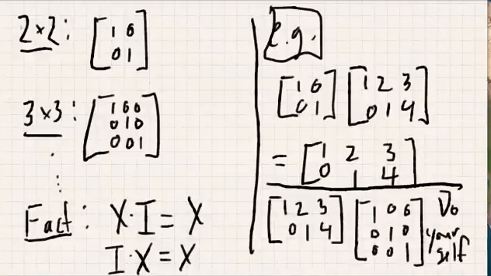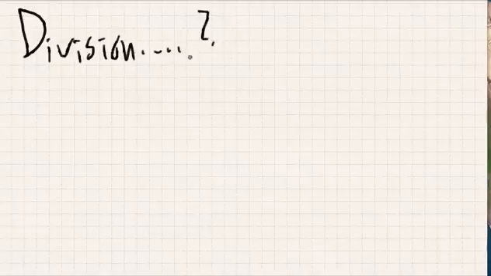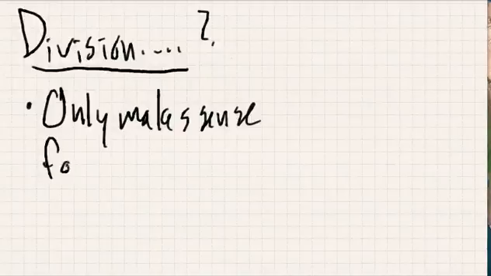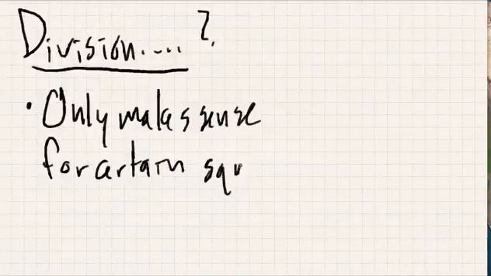Let's see if there's anything else I wanted to say. The one question that this raises for us, and this is just philosophical, is division. We have an identity matrix, which kind of plays the role of the number 1, because when I multiply it against something, I get it back. The question is, can I then divide? And division is much harder, and it's going to turn out that it only makes sense for certain square matrices.